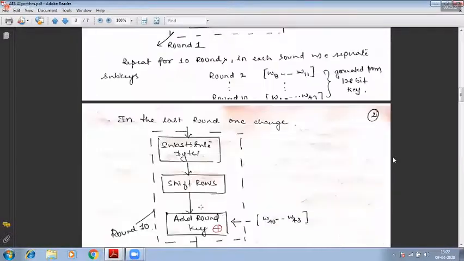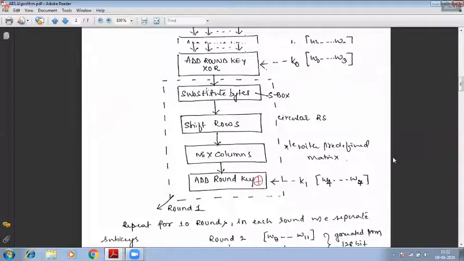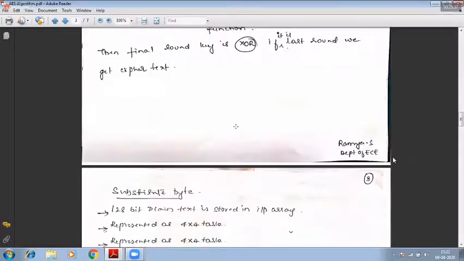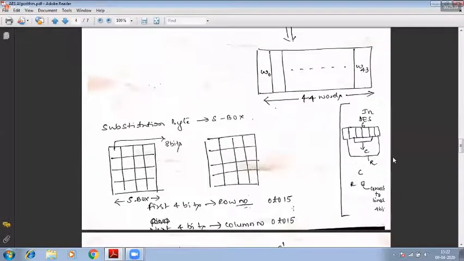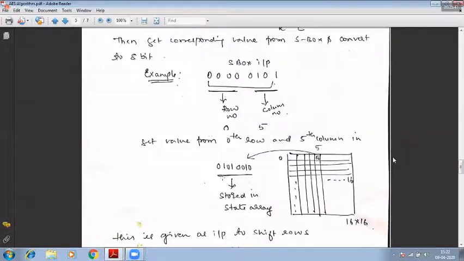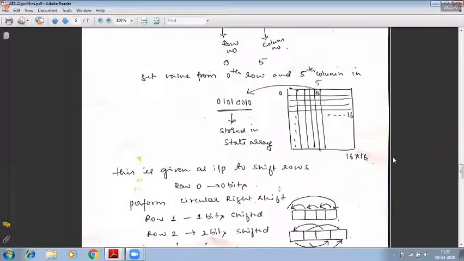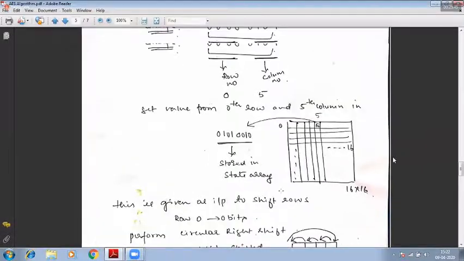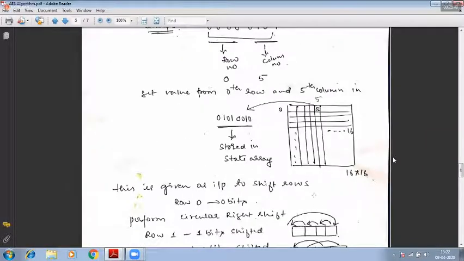This now will go as an input to the next sequence. I just completed the substitution byte. Now it will go into the shift row combination. So just now you have come out with one block, and the output of that block, the 16 cross 16 combination, I am feeding into the shift rows.